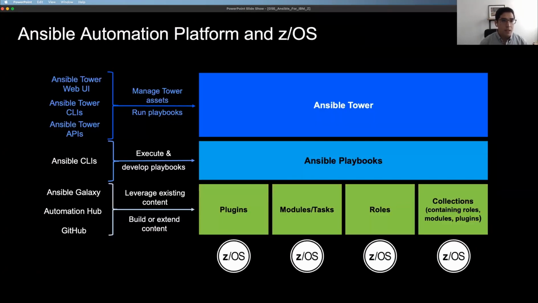This is a little more detailed, a little lower level on some of those pieces and how they fit together. As you can see, Ansible Tower is the overarching tooling that consumes Ansible playbooks, which are essentially scripts that you write your Ansible automation in, based on a YAML syntax intended to be easy to read and easy for many folks to pick up.